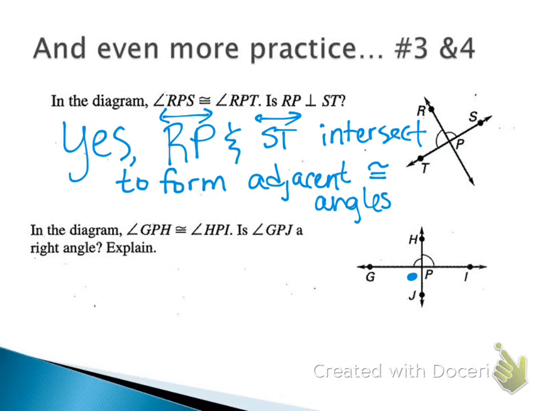So the first half of it, this picture looks a lot like the one from above, right? If we were to turn it just a little bit, we've got adjacent congruent angles formed by two intersecting lines. So that means what about lines GI and HJ?